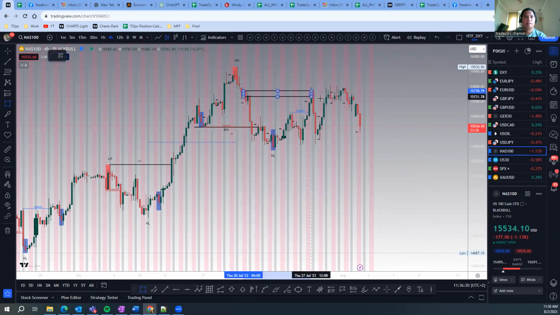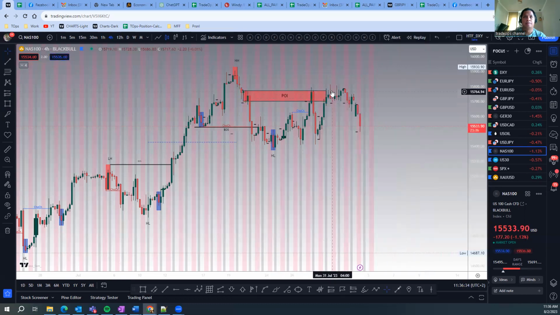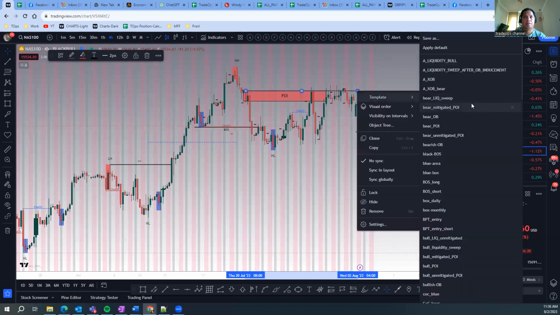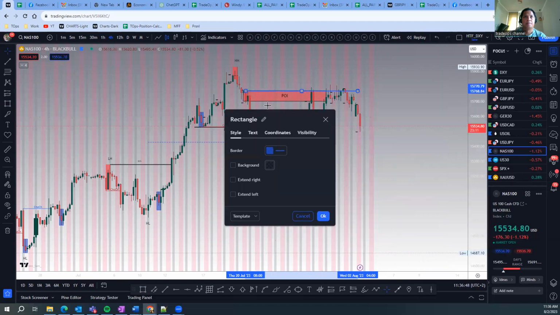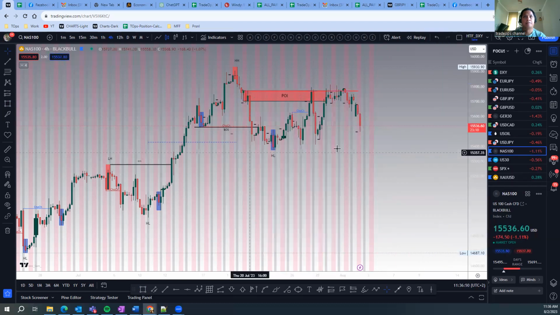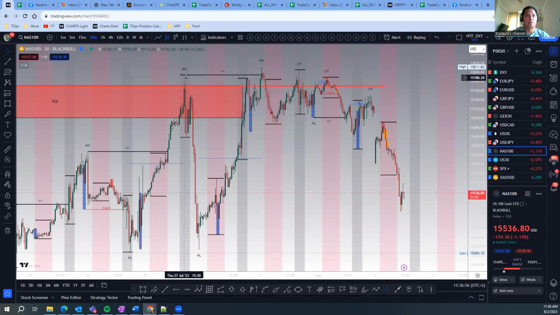Aside from that, what happened is that price first liquidated the high of this order block or imbalance. So this is the high, and we have some liquidation on the high.